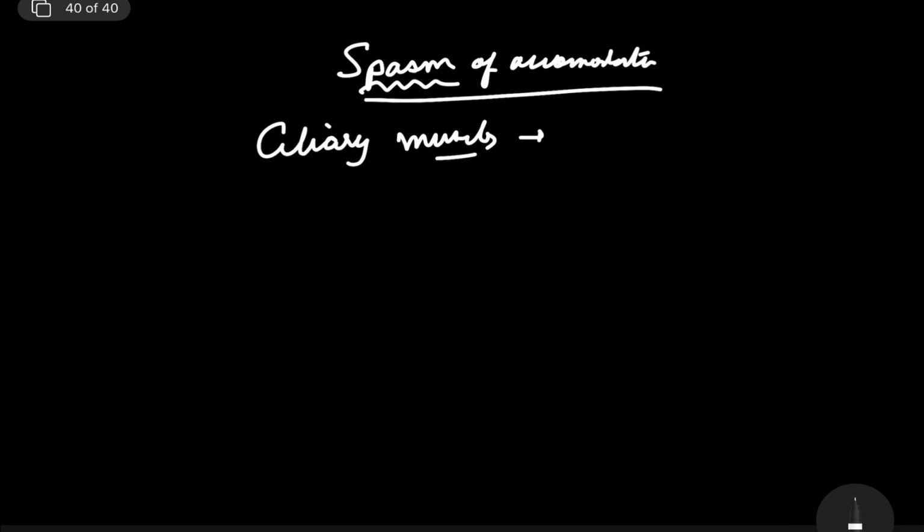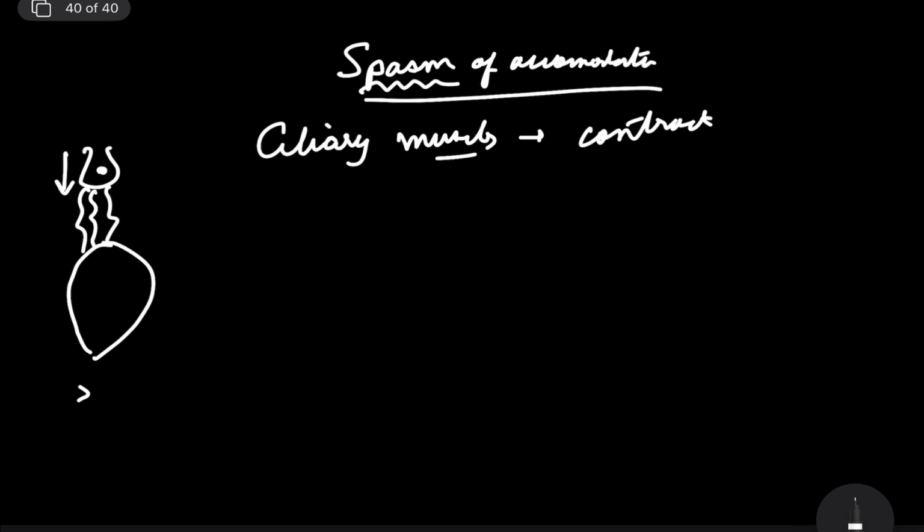I had already mentioned this, the ciliary muscles contract, and that is what happens when the ciliary zonules need to be relaxed. By the ciliary muscles contracting, the ciliary zonules will relax. Suppose this is the anterior and this is the posterior part.